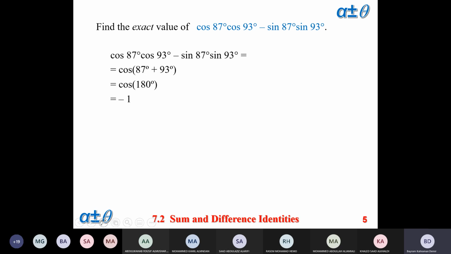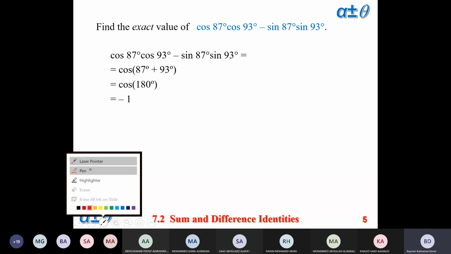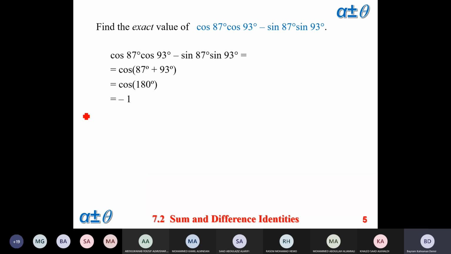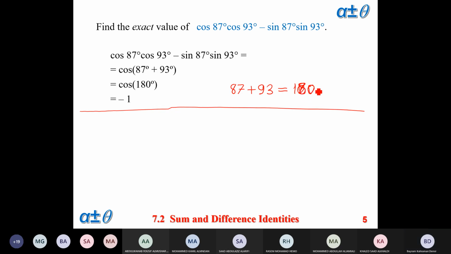Somebody might give you different numbers, by the way. Let me just give you the same question with different angles. Because 87 plus 93 is 180, right? Well, can I write 180 as a sum of other numbers, Shabab?